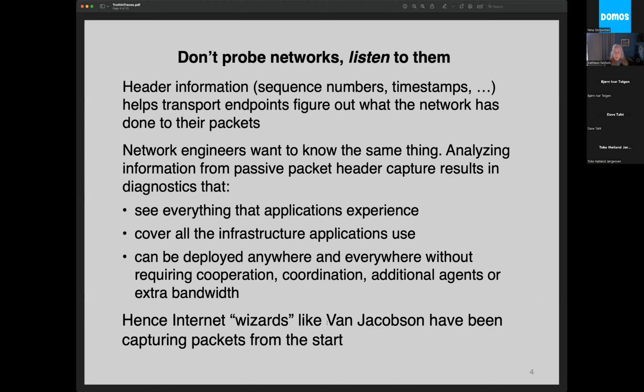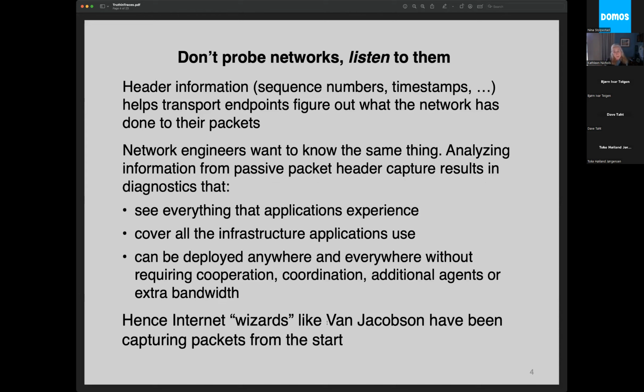And that header information has sequence numbers, timestamps, and the interchange of SYNs and SYNACKs and so on. But when you've got that, you've got to make sure you don't miss anything, and you need both directions. Network engineers want to know the same kinds of things that transport protocols want to know about the network, right? They're trying to understand what's going on in the network, so I best know how to take advantage of this.